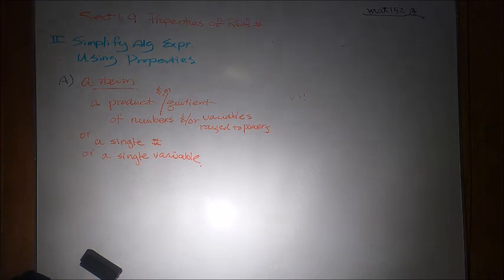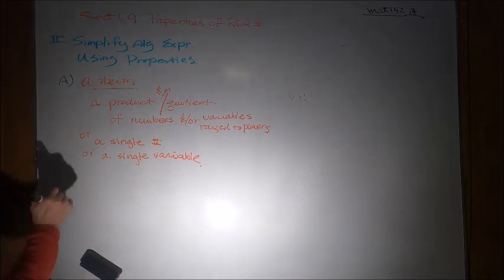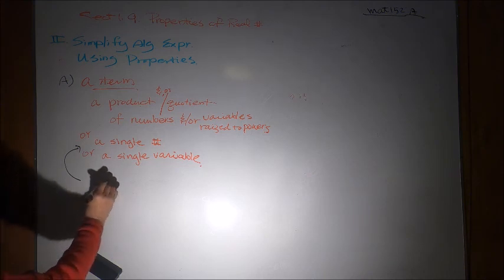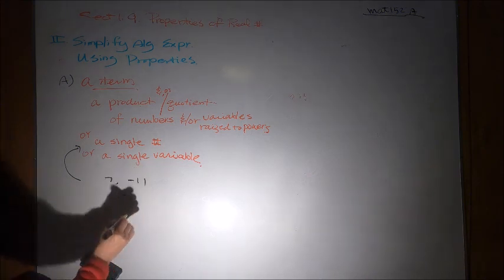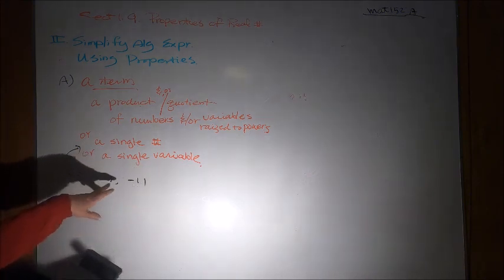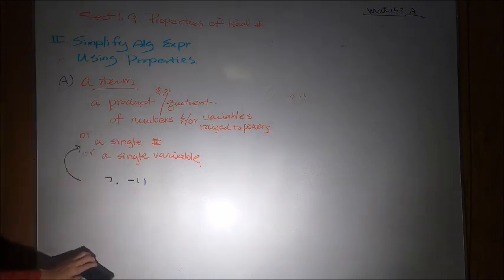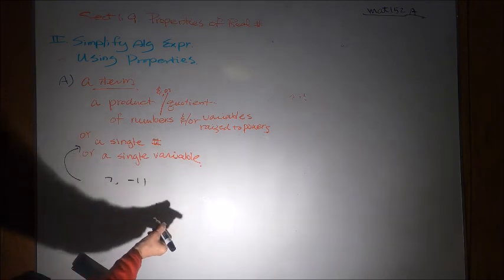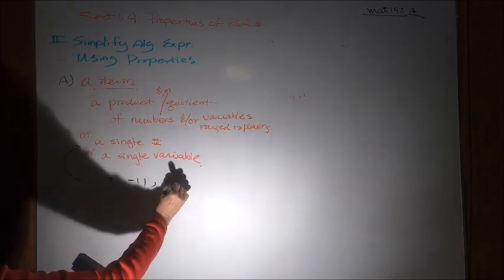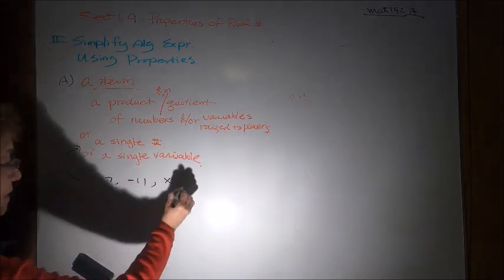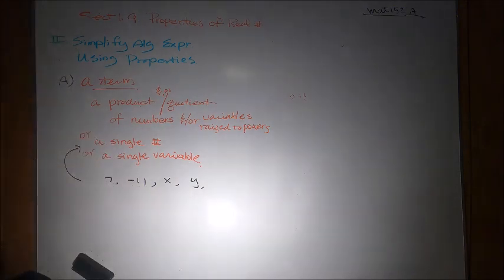Okay, sure. If it's a single number, okay, say 7 or minus 11, are those a single number? So it's one term, right? How about a single variable? So if I say x, is that a term? Y, is that a term?